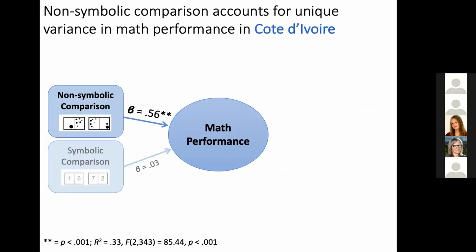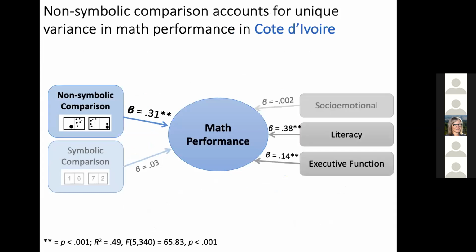And that was also true in the multiple regression analysis. So if we put both symbolic and non-symbolic comparison in a regression, we find that the non-symbolic comparison remains a significant predictor, while the symbolic comparison does not. And the association remains even when we control for literacy, socio-emotional learning, and executive functioning.